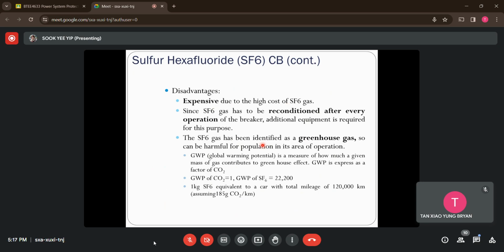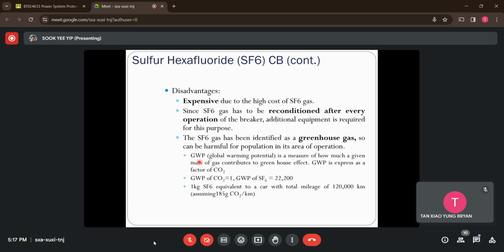It contributes to global warming because it is considered a kind of greenhouse gas. The details at the bottom here are a little bit out of topic. We are trying to compare, if we have leaked the SF6 gas to the atmosphere, how it contributes in terms of global warming.